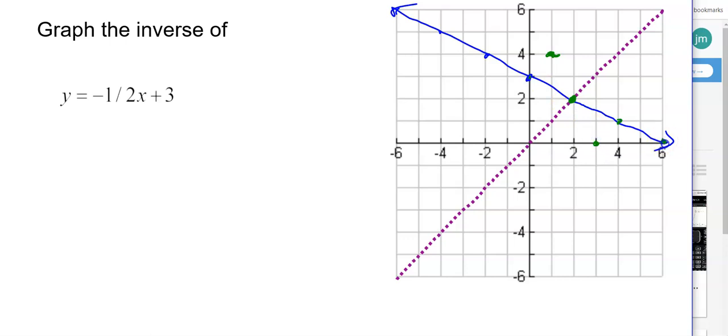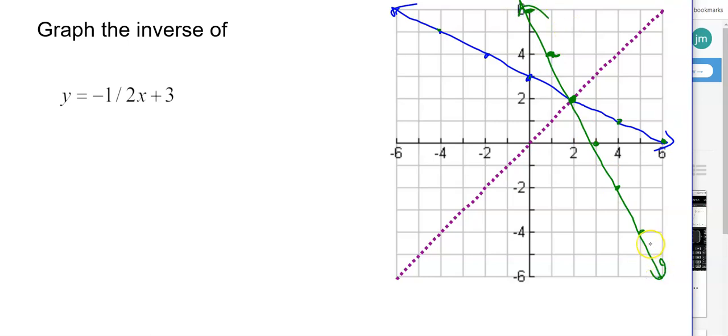This point was 6, 0, now it's 0, 6. Okay, I like that. This one was 0, 3, now it's 3, 0, I got that. This was -2, 4, now it's 4, -2. This was -4, 5, now it's 5, -4. I think that's plenty of points probably. Looks like that.